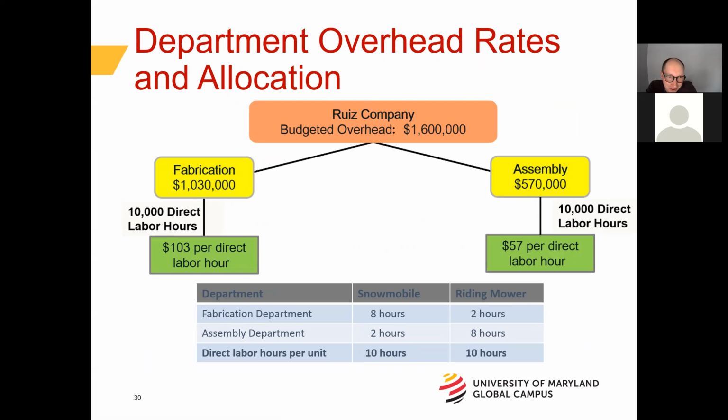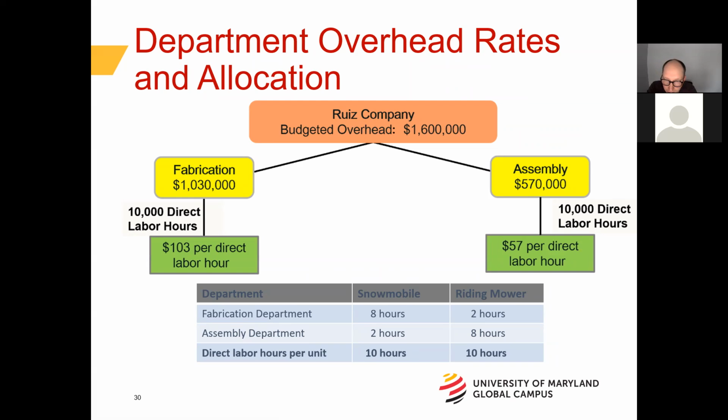Okay, so here's how it works. As you recall, it takes 10 hours to create one product. We have $1.6 million: $1,030,000 for fabrication and $570,000 for assembly. Earlier in the example, I said that the company has designated 10,000 direct labor hours for the year for each department, fabrication and assembly, 20,000 hours total.